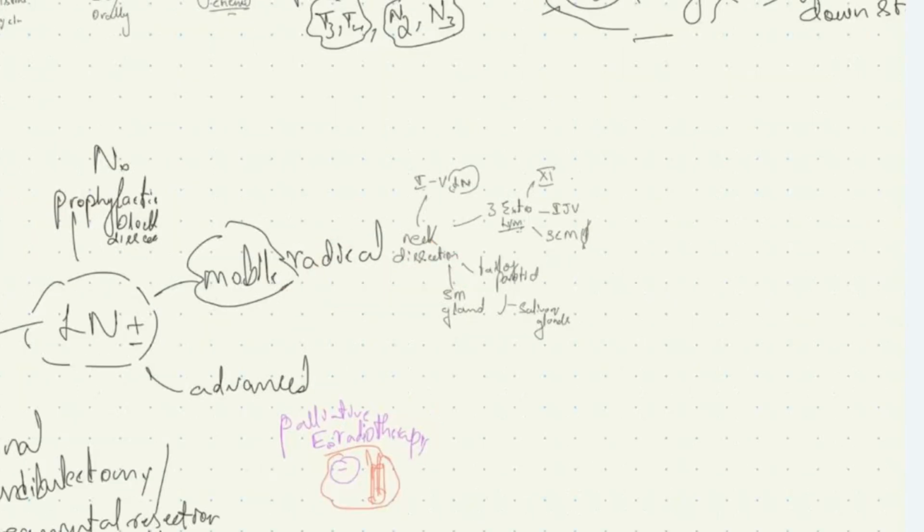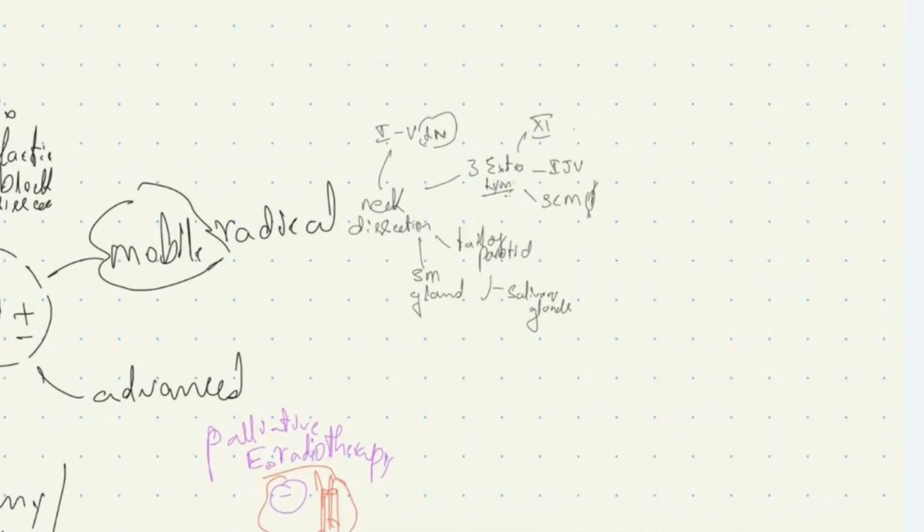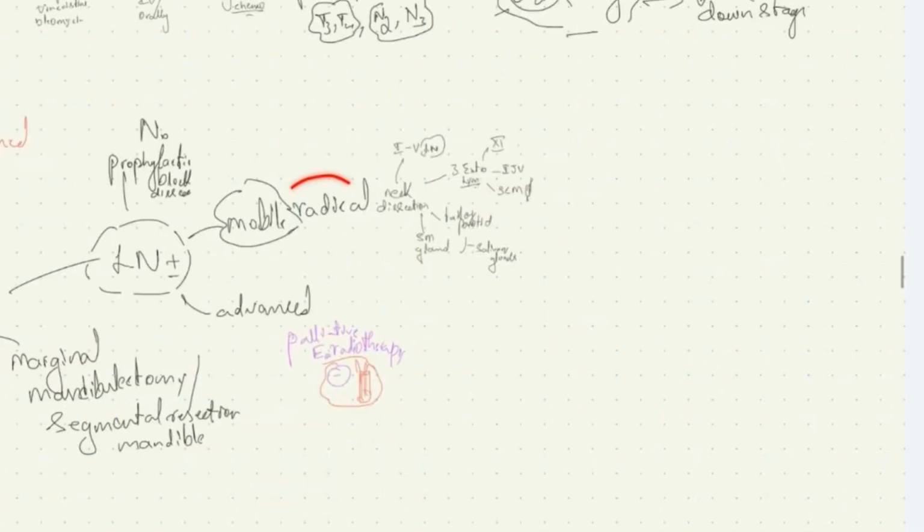Radical neck dissection is the procedure where we excise the lymph nodes from level 1 to 5, followed by excision of 3 extra lymphatic structures like accessory spinal nerve, internal jugular vein, and sternocleidomastoid muscle. Along with this, we excise tail of parotid and submandibular glands, which are the salivary glands.